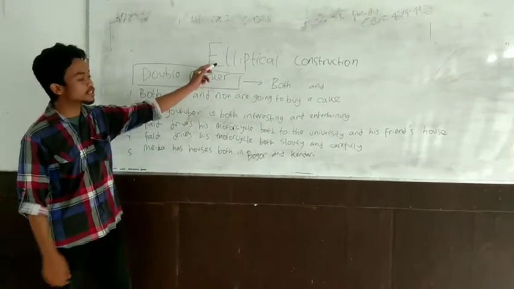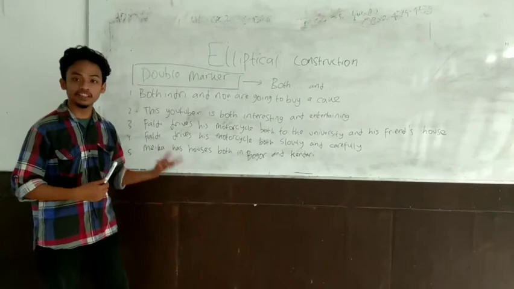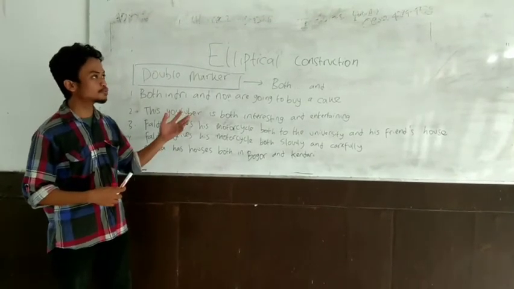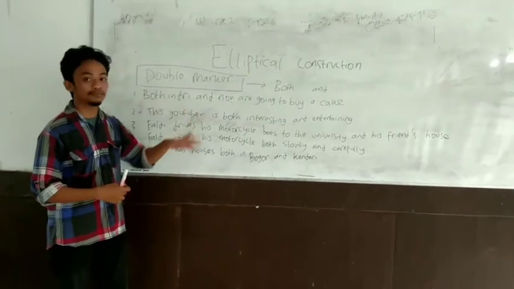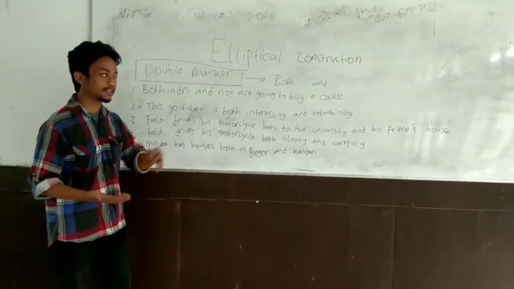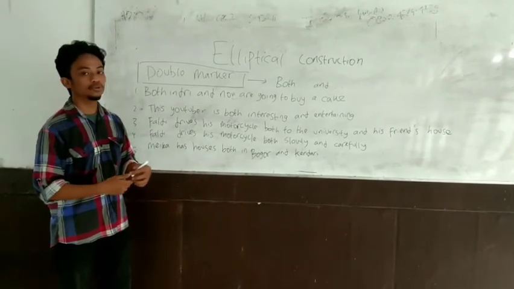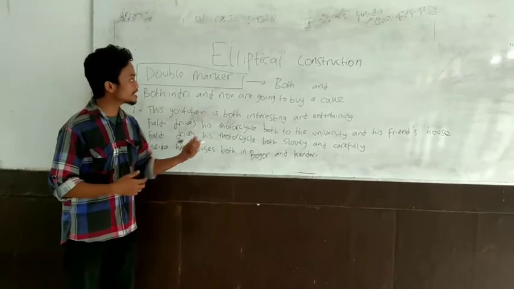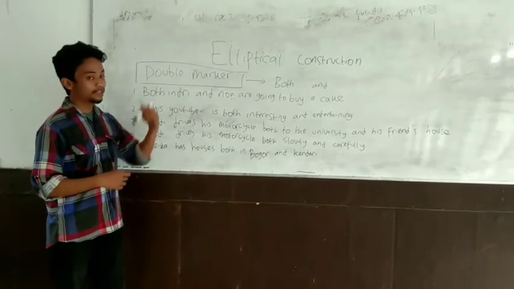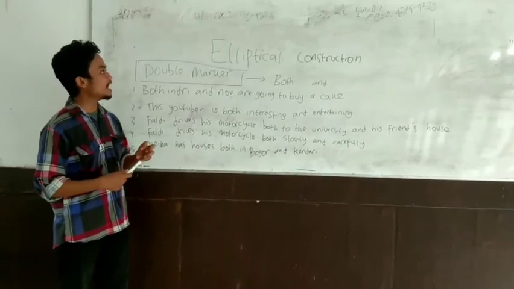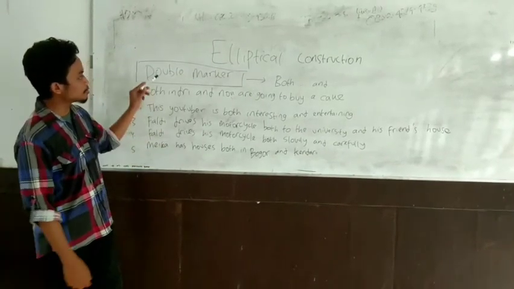Jadi elliptical construction atau yang kita ketahui sebagai ellipsis adalah menghapus beberapa kata, menghilangkan beberapa kata dari sebuah entah itu kalimat, frasa atau semacamnya untuk menghindari repetisi. Di sini saya akan lebih spesifik membahas tentang elliptical construction double marker.